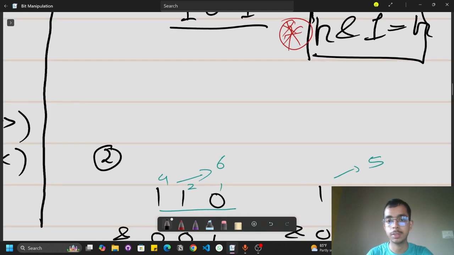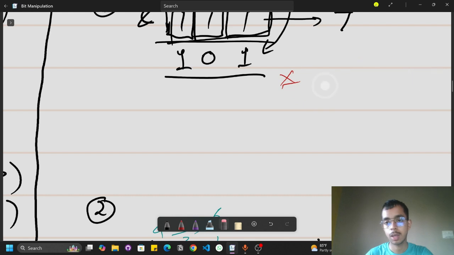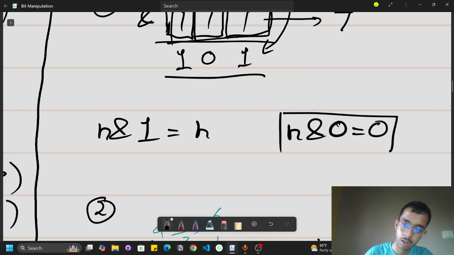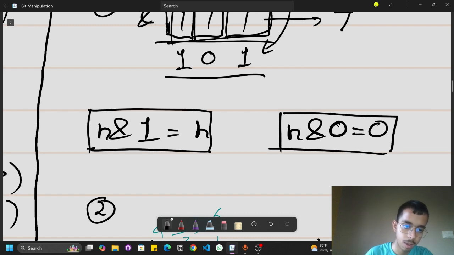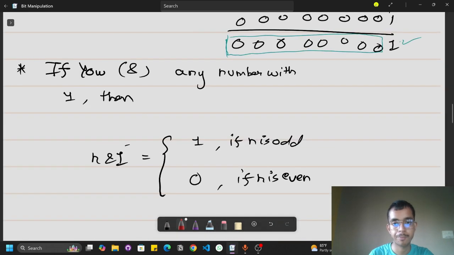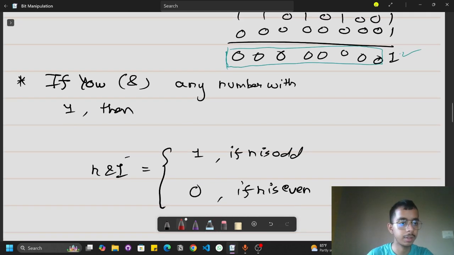Well, let me get some space here. n AND 1 is equal to n, and n AND 0 is equal to 0. Okay. So here you have another property.